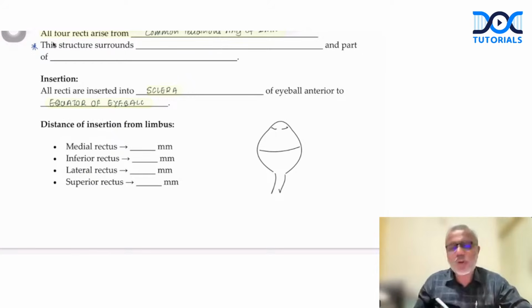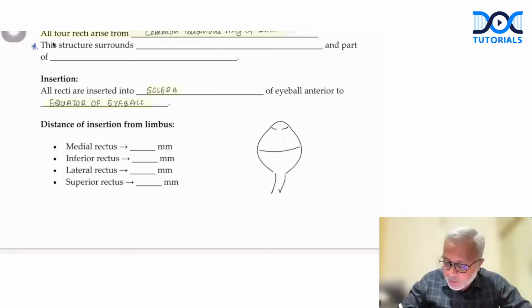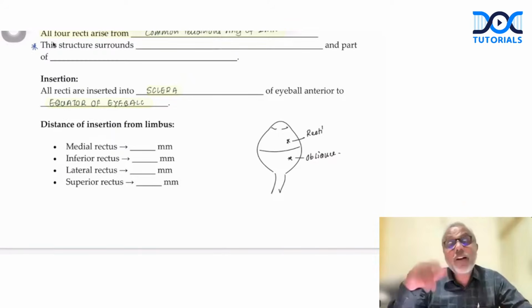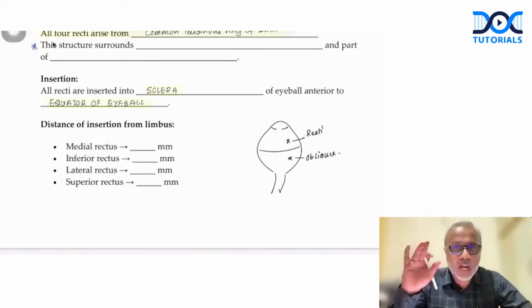Remember, all recti will get attached here. All obliques will get attached here. So this is recti, this is obliques. This is the main reason why recti have the same action as their names, whereas the obliques have opposite action. We will see how.